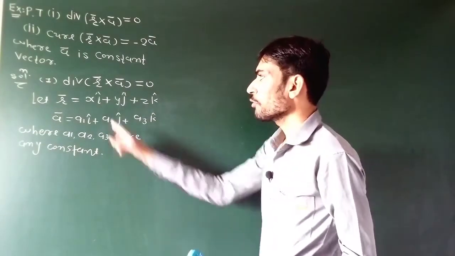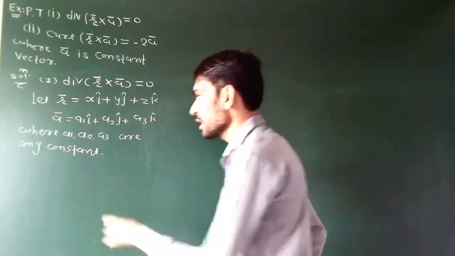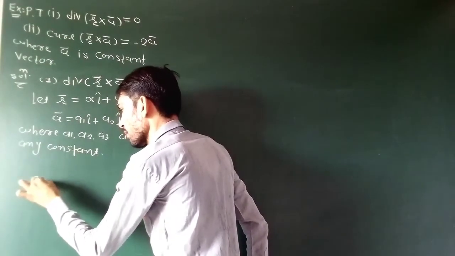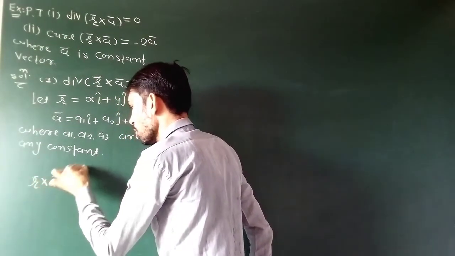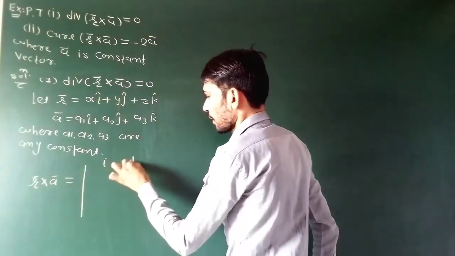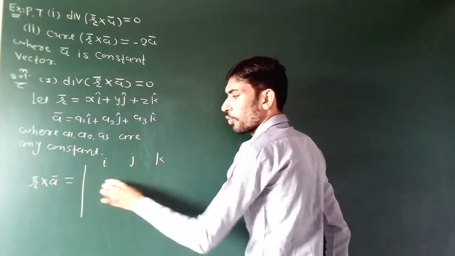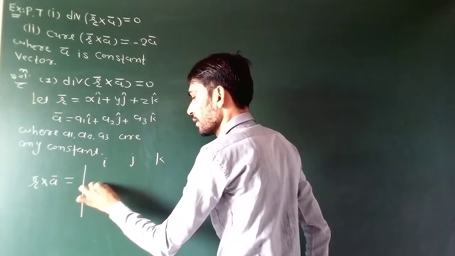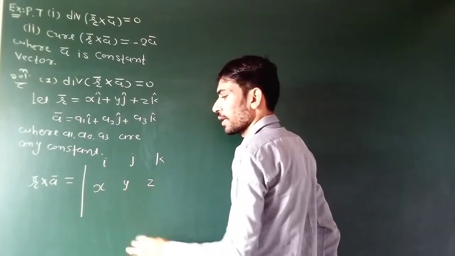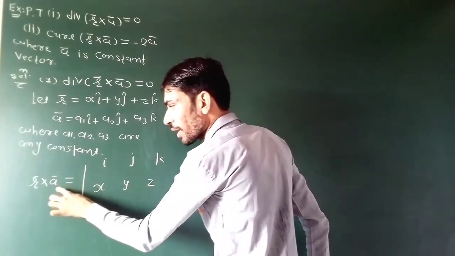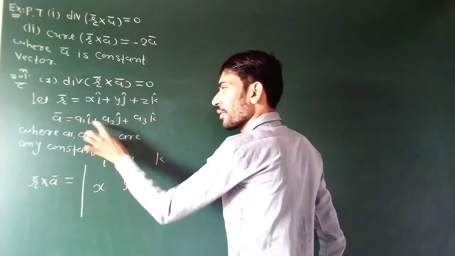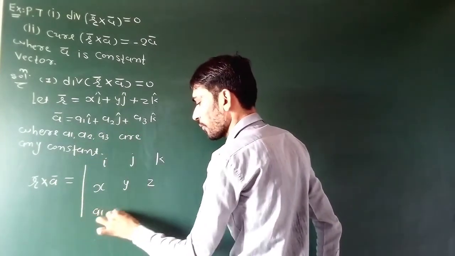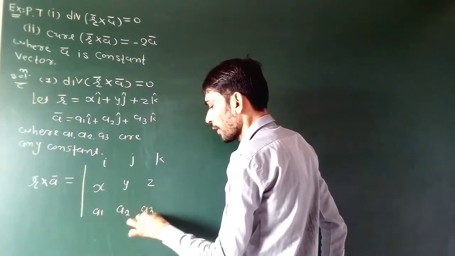Now first we obtain R bar cross A bar, that means the cross product of vectors R bar and A bar. As you know, we write the i j k coordinates, the coordinates of vector R bar are x, y, z, and the coordinates of vector A bar are a1, a2, a3.